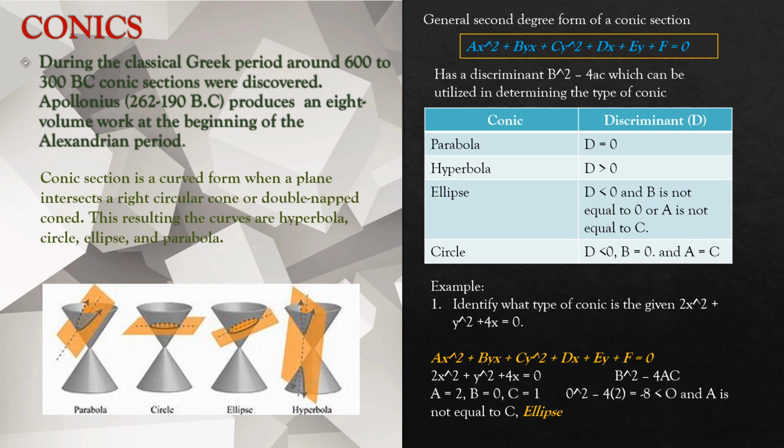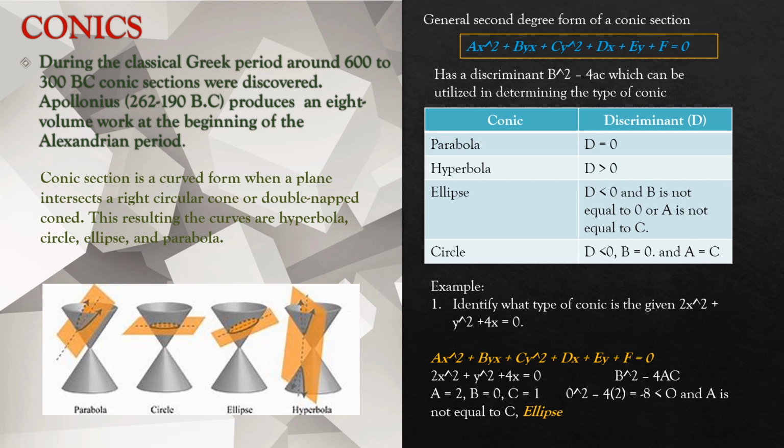We see that c is the coefficient of y squared, so c will be 1. Then we can substitute these values to our formula, b squared minus 4ac. The value of b is 0, so this will be 0 squared minus 4 times a, which is 2, times c, which is 1.